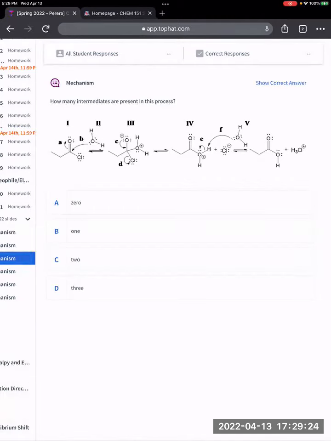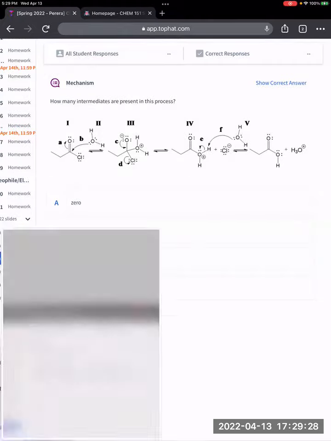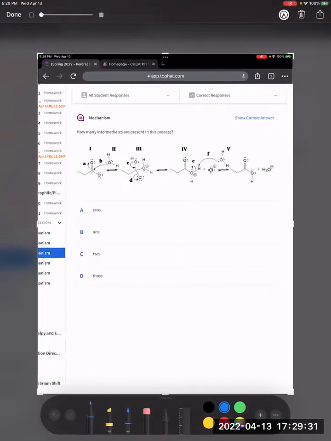So again, if we draw the steps here, let's say this is step 1: you have this molecule reacting with H2O. You can see that this H2O is acting as a nucleophile and attacking this partially positive carbon over here.